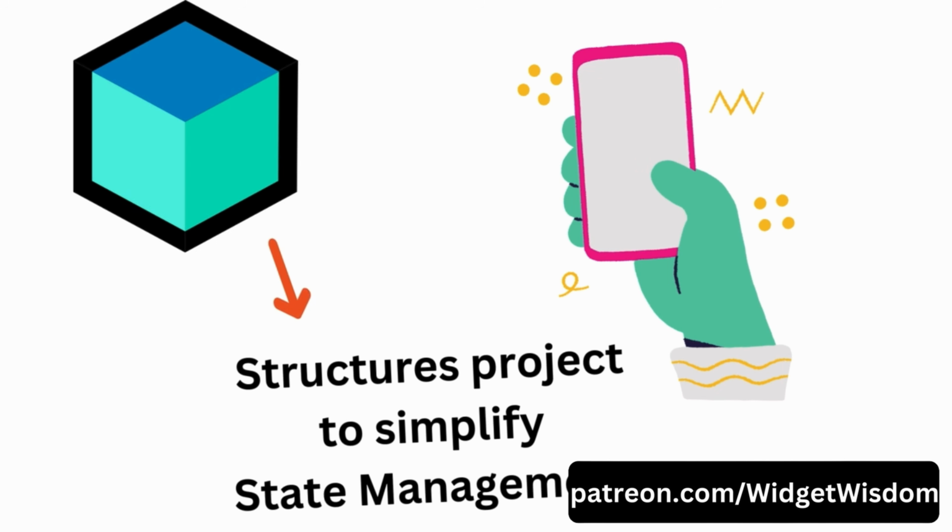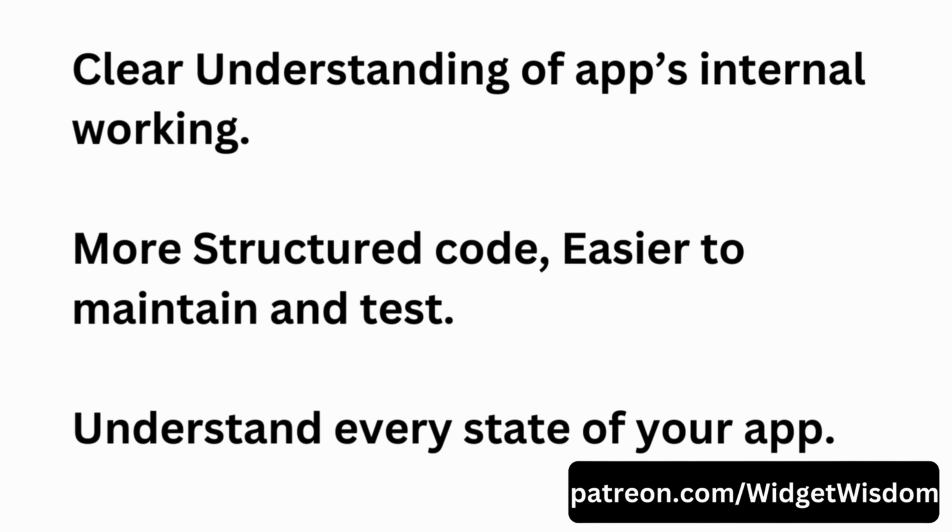By learning BLoC and utilizing the BLoC library, you gain significant advantages. It provides a clearer understanding of your app's internal workings, making it more organized, structured, and easier to test and maintain. With BLoC, you'll always know the state of your app for every user interaction, simplifying the overall state management process within a stable and powerful BLoC codebase.